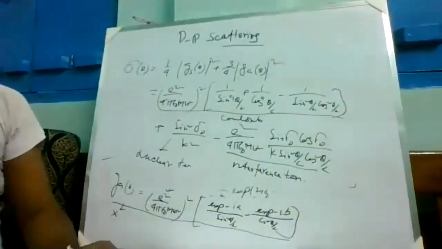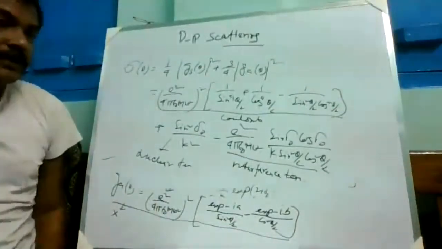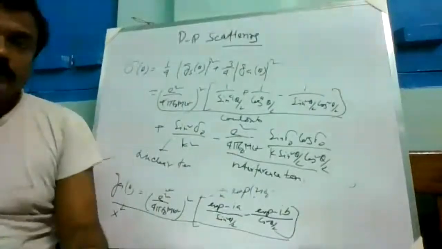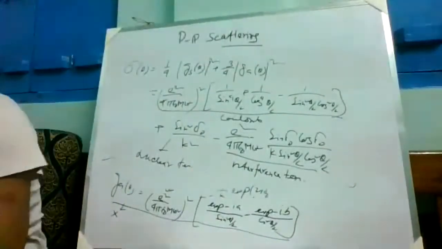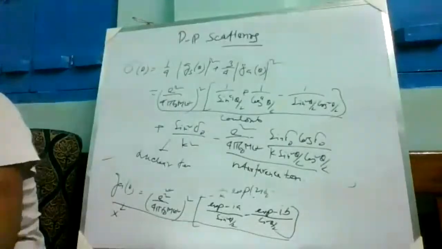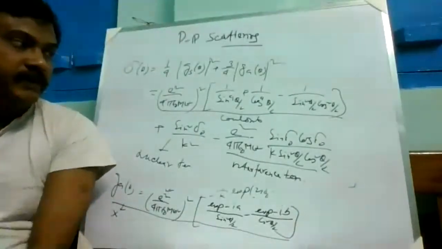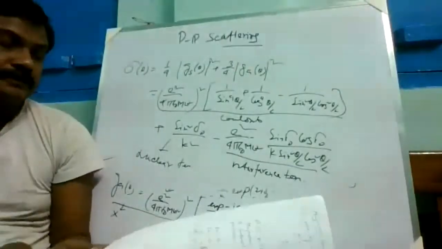So in case of PP scattering, three terms will be there. One is the Coulomb term, given by the Mott scattering formula. Another will be the nuclear term, which we have derived, the same form as NP scattering. There will be another term, which is the interference between Coulomb interaction and nuclear interaction.